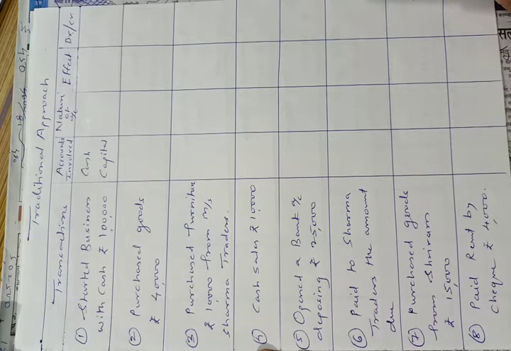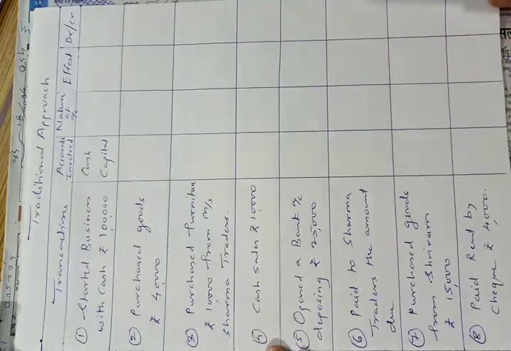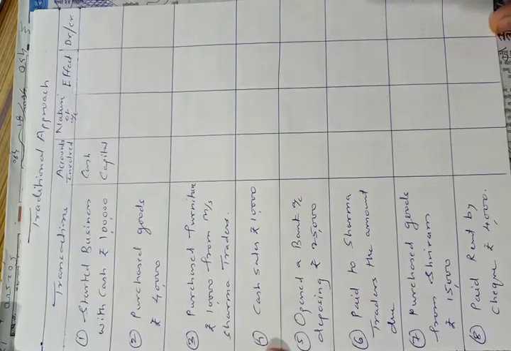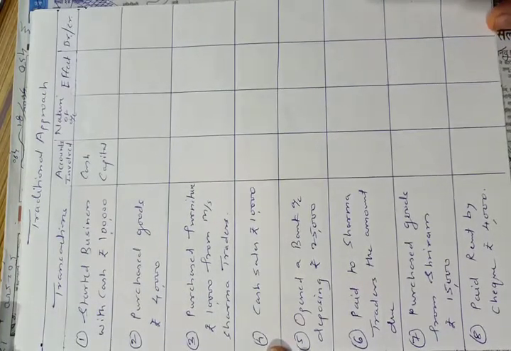It includes accounts of expenses, losses, incomes and gains, and the rule is debit all expenses and losses, credit all gains and incomes. So we have to use these rules to decide debit and credit of accounts involved in these transactions.